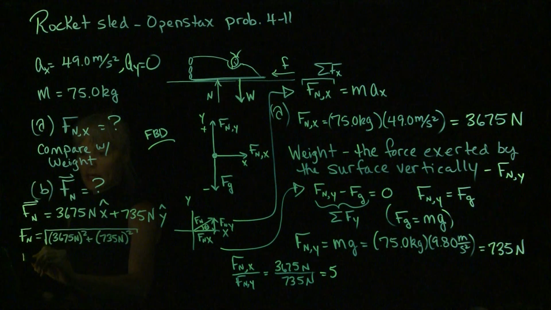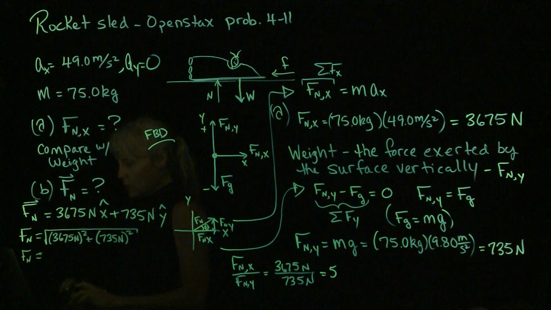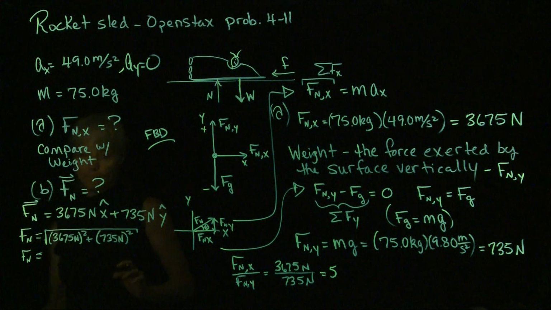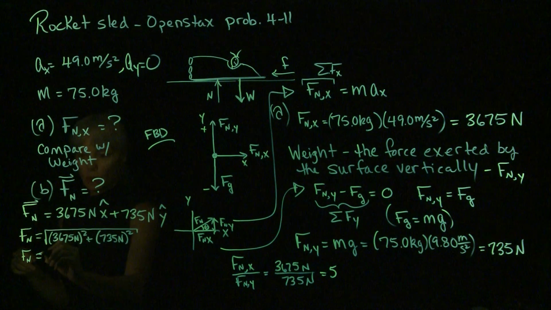And if we plug that into the calculator, what do we get? 3675 squared plus 735 squared, and now square root it, is equal to the magnitude.